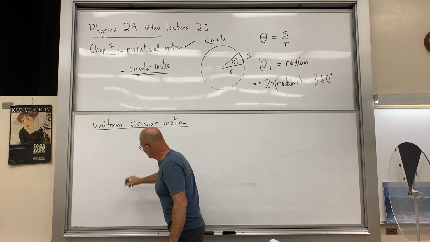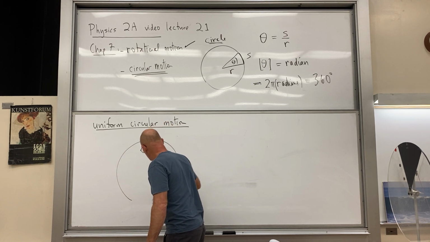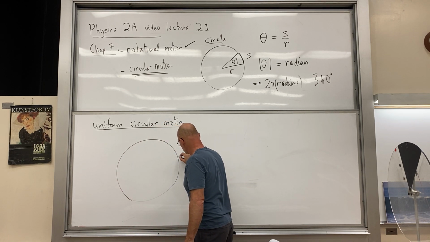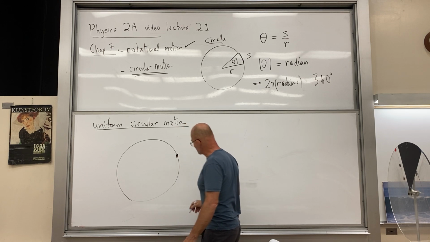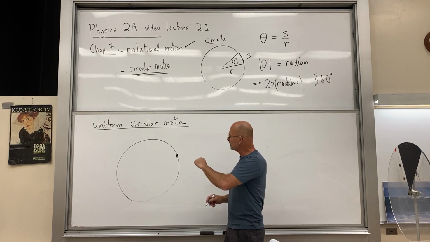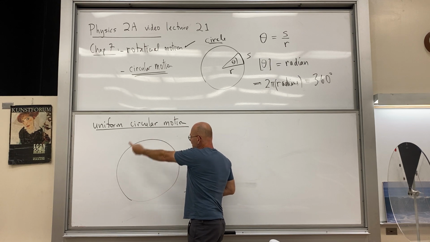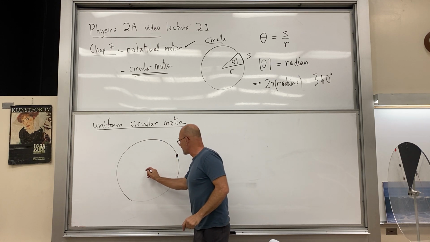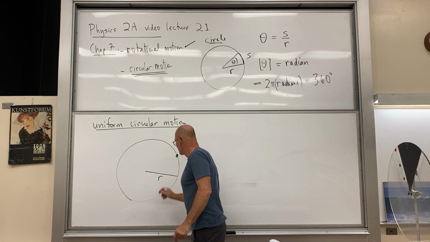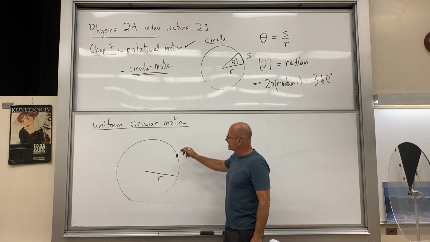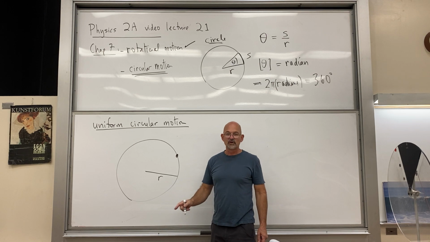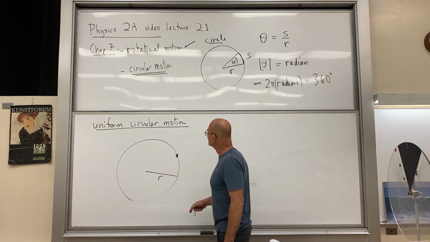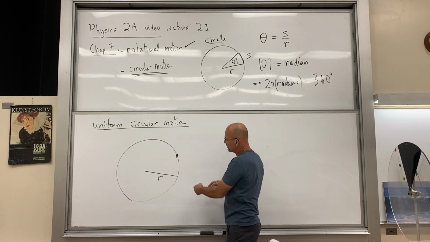So again, we draw a nice large circle, and we imagine we've got some object there, some point, and it's going around counterclockwise. So the first thing we note, okay, we've got our circle of radius r, and the positive orientation is counterclockwise. That goes for rotation as well as just for, say, revolutions.